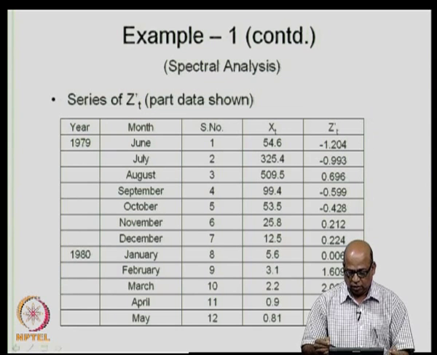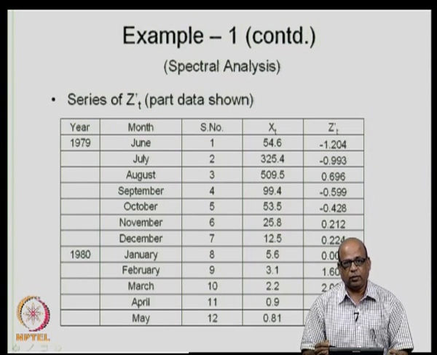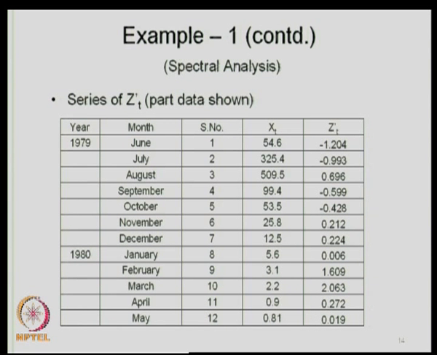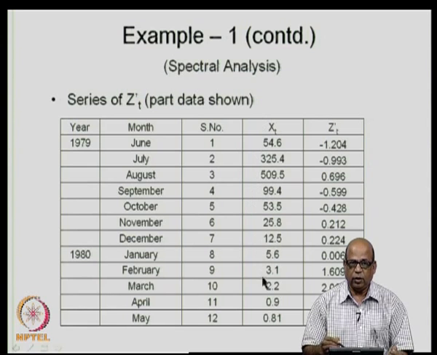You will have 348 values of z dash t, for t equal to 1 to 348. We will do the spectral analysis on this new series z dash t and see how it looks vis-a-vis the spectral density figure or spectral diagrams of the original time series x t.